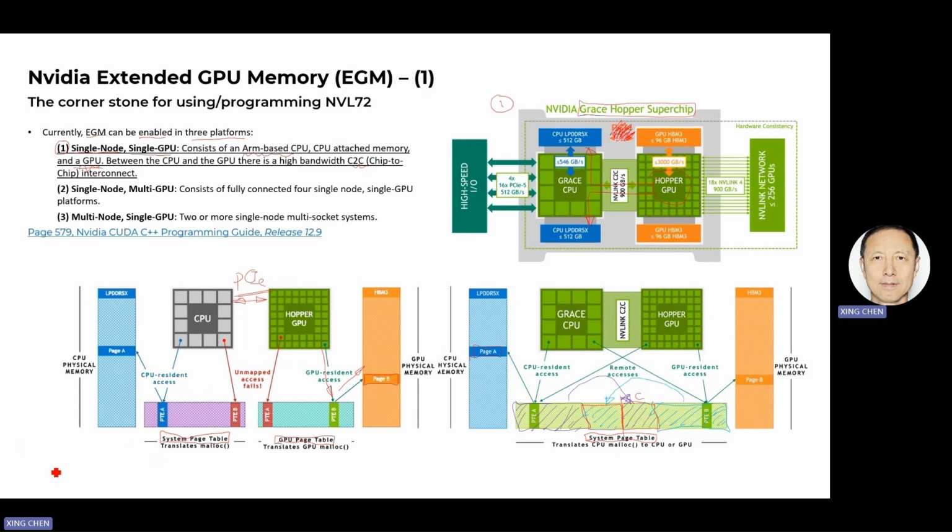This is how the EGM works with this kind of superchip. And then let's move on. We need to bear in mind this picture, because in the following discussion, we are going to continue this concept.